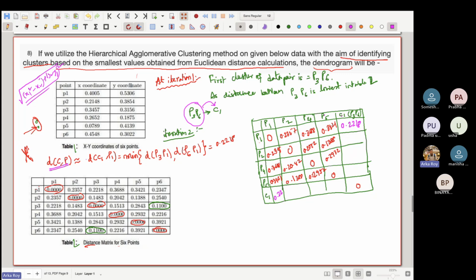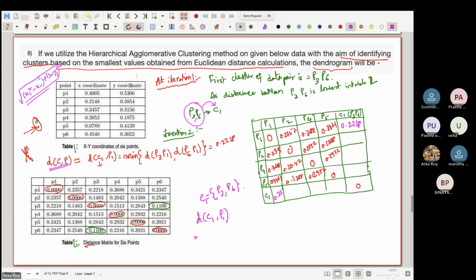Now for that, the method to calculate the distance is as follows. Let's say in C1 you have two data points, P3 and P6, and you want to calculate the distance between C1 and P1. Individually you have to calculate the distance between each data point inside C1 and P1. So that means D(C1, P1). C1 is made of P3 and P6.